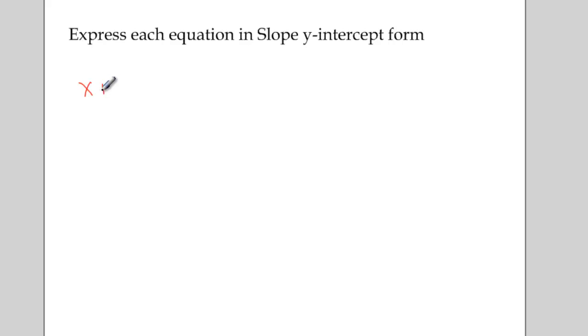x plus 2y minus 6 equals 0. Again, I want to write this in the form y equals mx plus b.